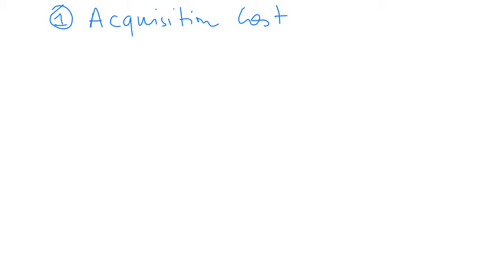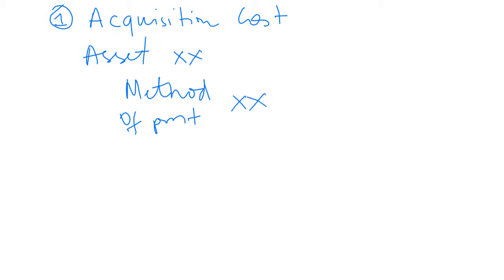When we find out what that acquisition cost is, the asset will be debited, and then the method of payment, just like I said last time, whether it's accounts payable, notes payable, or cash, will be credited. So this is the first, and I'm going to draw my timeline here. Let's say the asset has a 5-year useful life: 1, 2, 3, 4, 5. Number 1 happens here at the very beginning, at period 0.